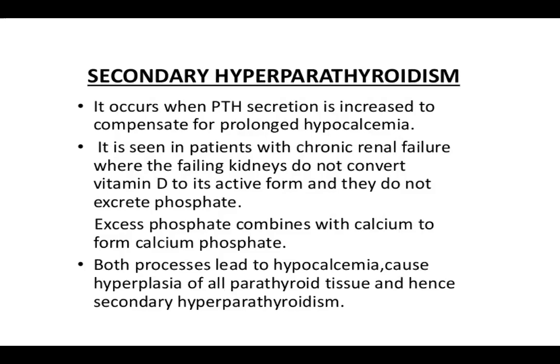And this active form is essential to excrete phosphate. And when this active form is not available, phosphate won't be able to be excreted from the body. And that's why it will tend to increase within the circulation. This excessive phosphate will combine with the calcium to form calcium phosphate. So both these processes lead to hypocalcemia and ultimately hyperplasia of the parathyroid tissue, and hence secondary hyperparathyroidism.